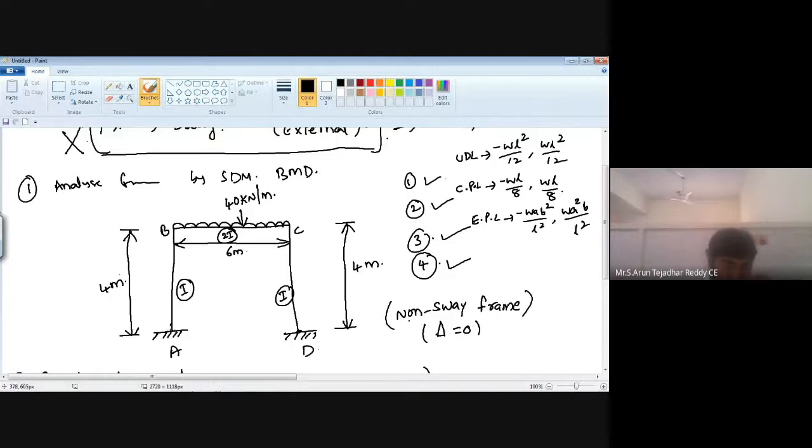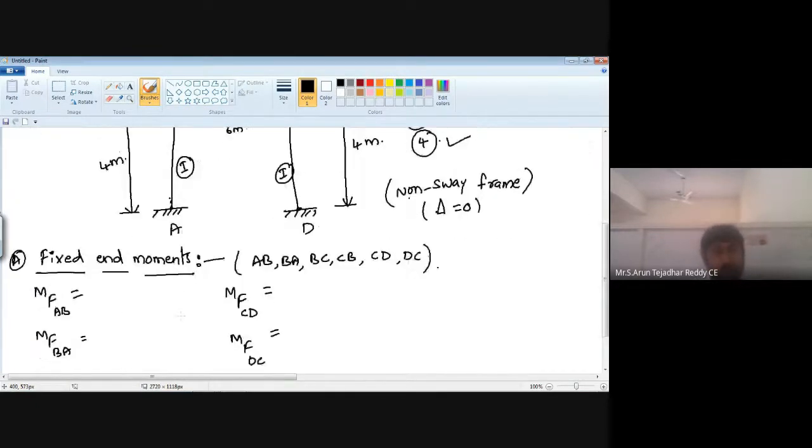If you take AB and BA, we don't have any kind of load. See, from A to B, whether any load is acting, it may be a UDL, a central point load or an eccentric point load, we don't have any kind of load in between A to B or B to A. So without load, we don't have any formulas.